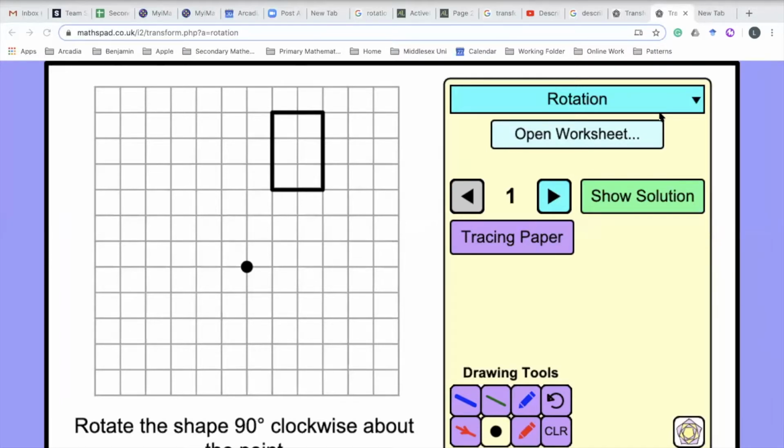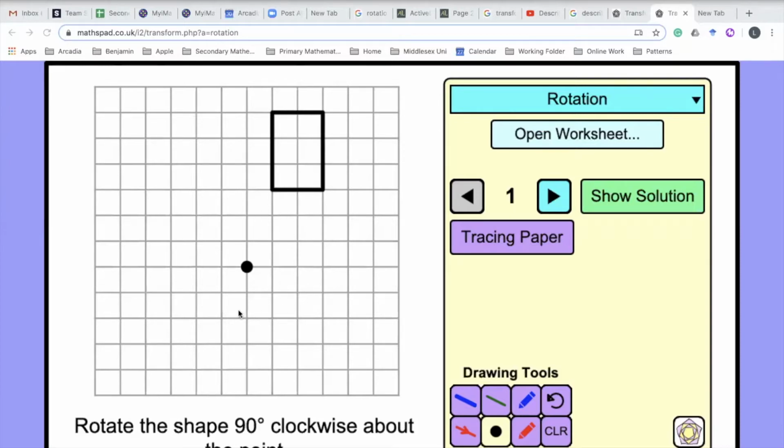Okay, so you were given a question like this: rotate the shape 90 degrees clockwise about the point. So this is the point, this is the shape. I want to rotate this 90 degrees clockwise.